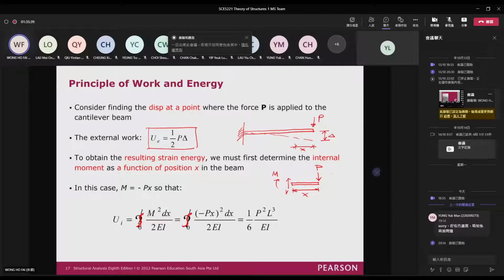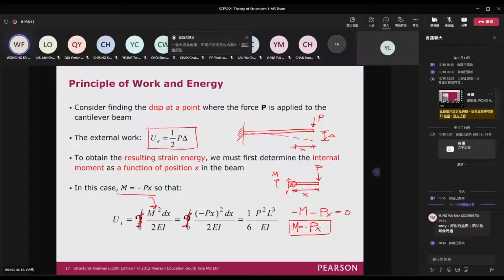If you find the equilibrium, you take the moment here on the left-hand side. You have M minus Px, which is equal to 0. So M is equal to negative Px. So here you have M equal to negative Px, and then you substitute it into here.